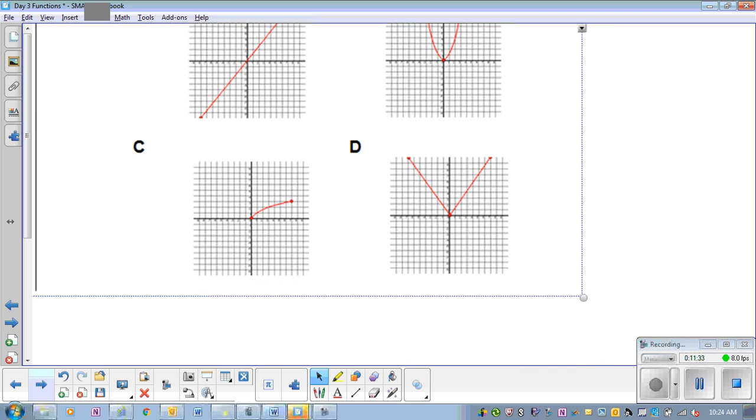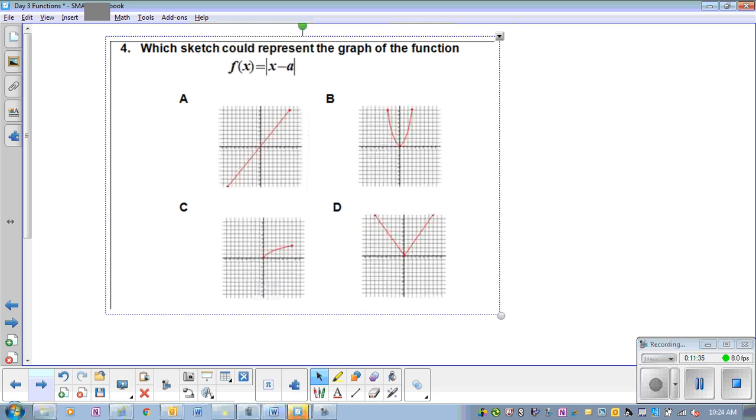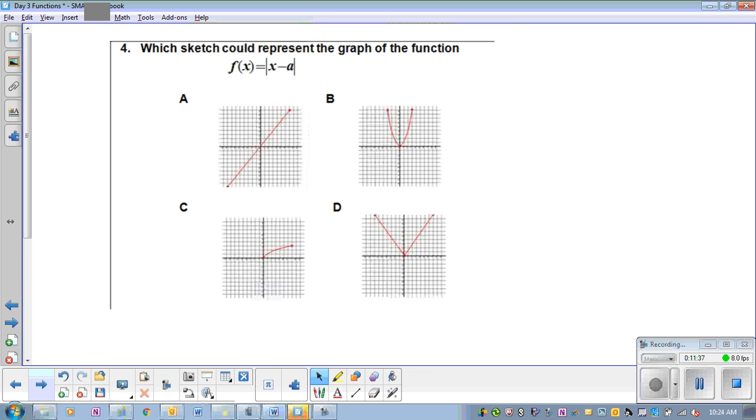With this one, isn't it kind of weird because it says f of x equals absolute value of x minus a. Guys, which one of those looks like an absolute value? B. B for value, right? So it doesn't matter that they didn't give us a number. It's still absolute value.